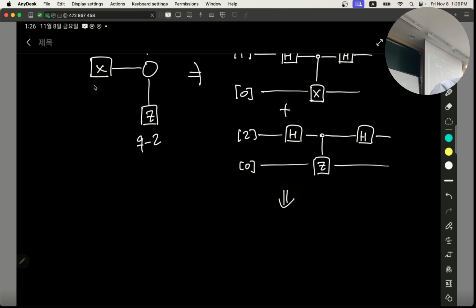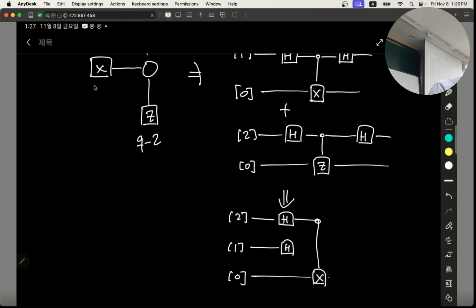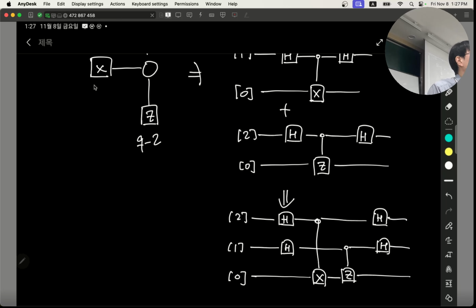So what actually happens is you have a data qubit and two stabilizer qubits. Here we have X, and here we have Z. And this is what happens.